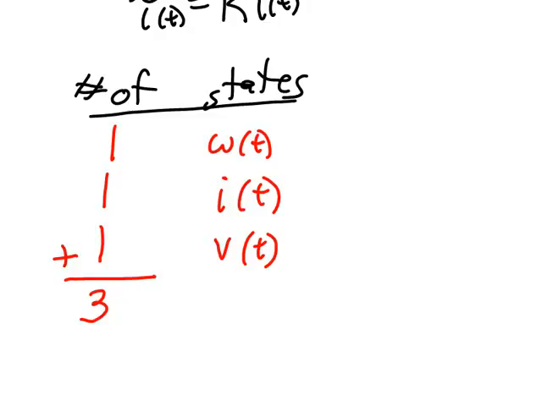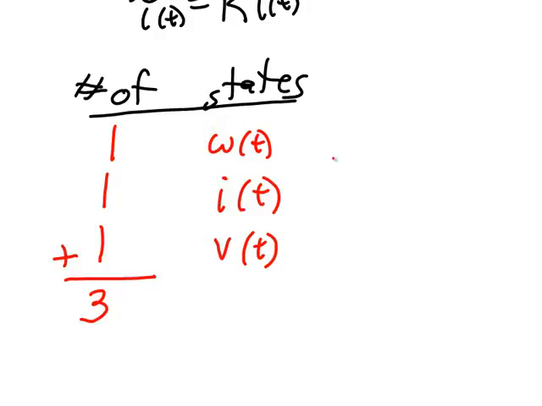I've also already identified what my 3 states will need to be. Remember that the way you pick out which signals will be your states is that you take every derivative order up to but not including the highest order, and that has to be in your state vector. So in our equations we have omega and we also have omega dot.